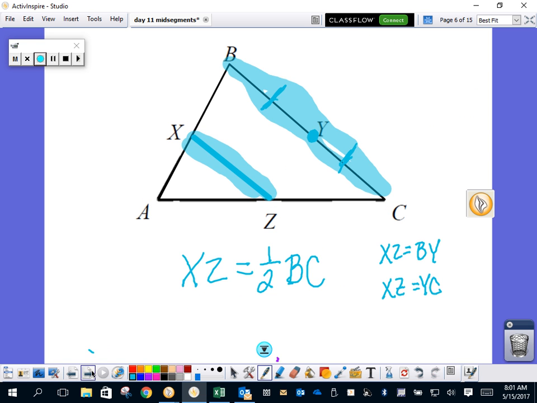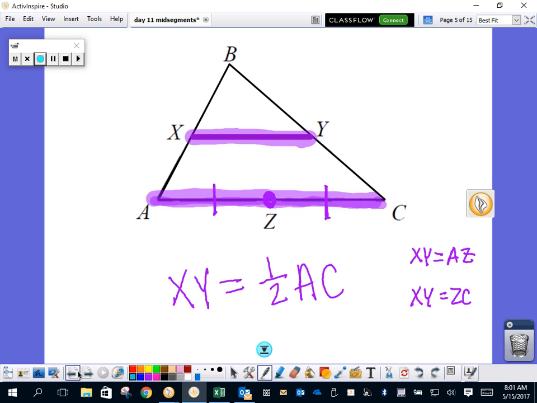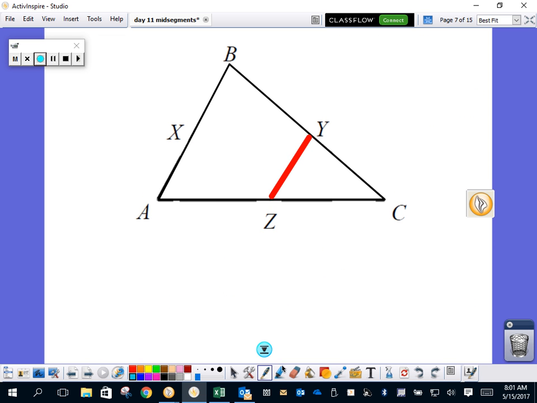All right. So the last one, I did it red, and on my original, it was red. Okay? What base goes with this red one? BA. Perfect, Jason. YZ, or ZY, whatever you want to call it, equals 1/2 BA.